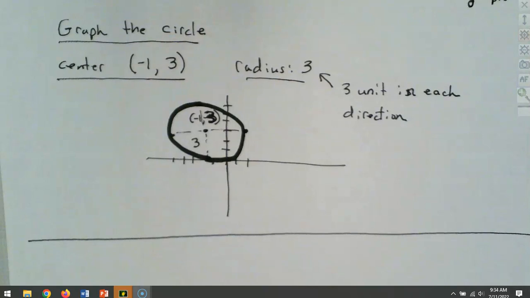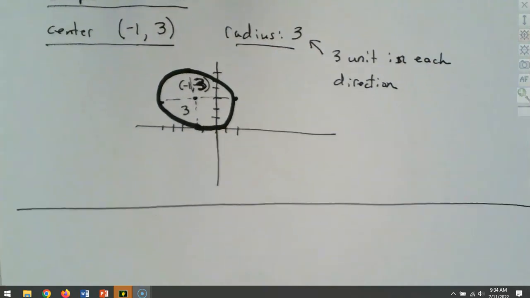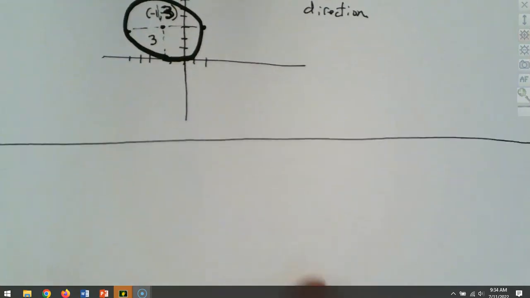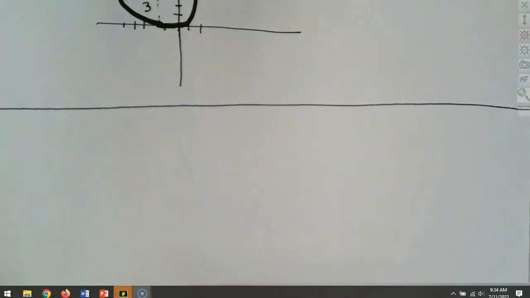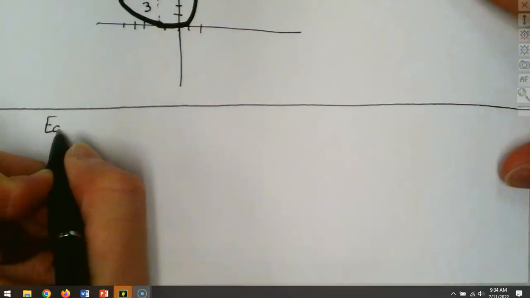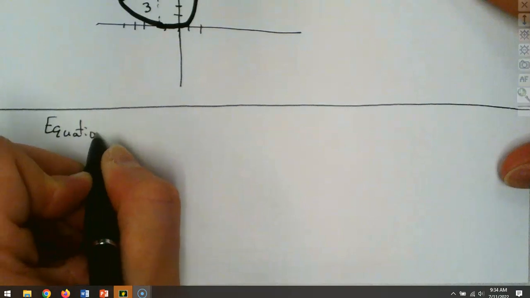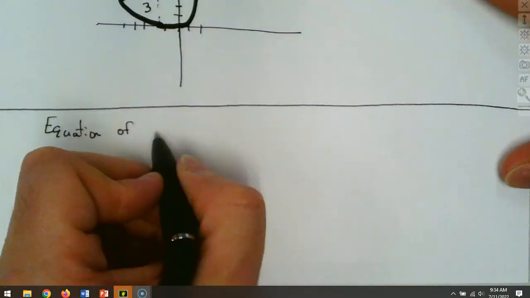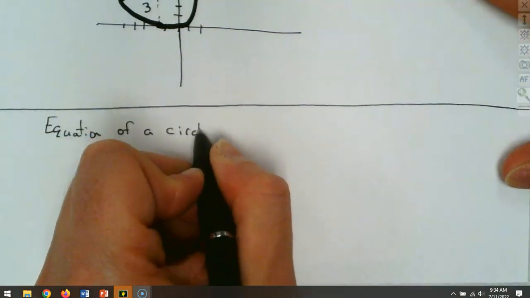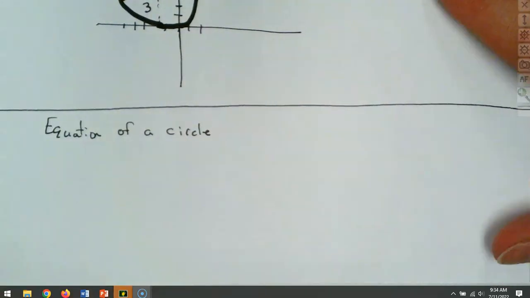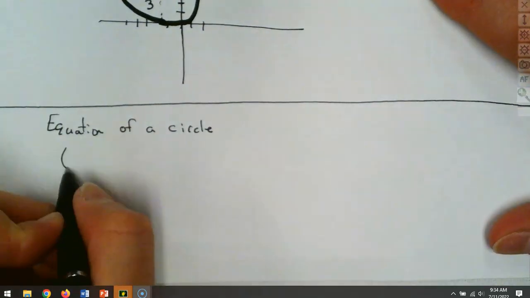Now let's talk about center radius form, and this is going to be the equation of a circle. So the equation of a circle is this.